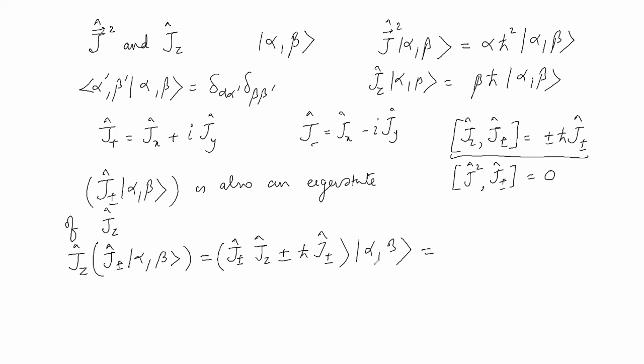Since J plus minus is not going to disturb this, when Jz operates on alpha beta, it gives us beta h cross. Therefore, this value is h cross (beta plus minus 1) J plus minus alpha beta.